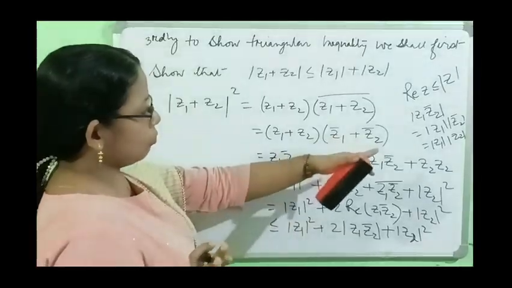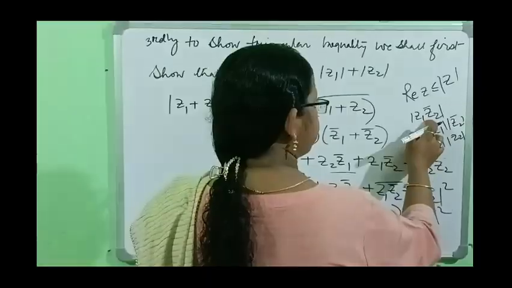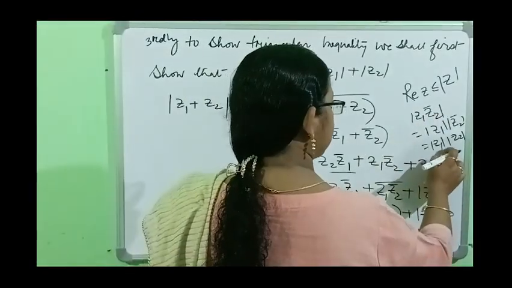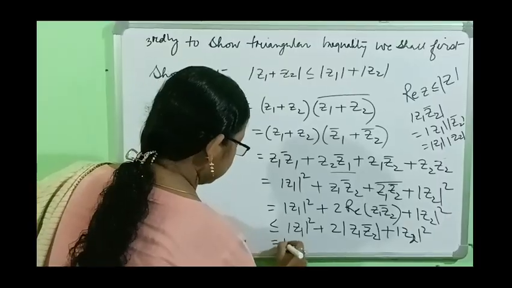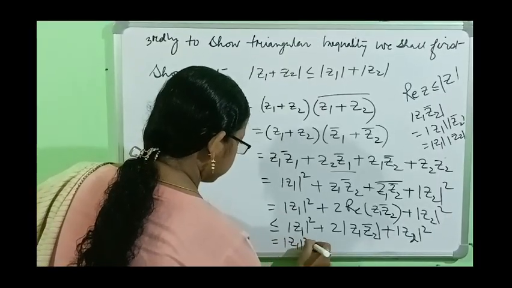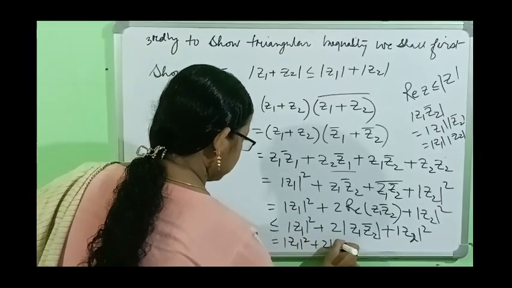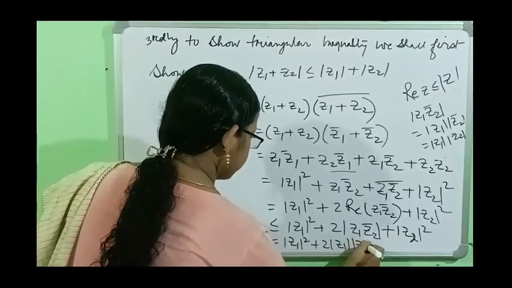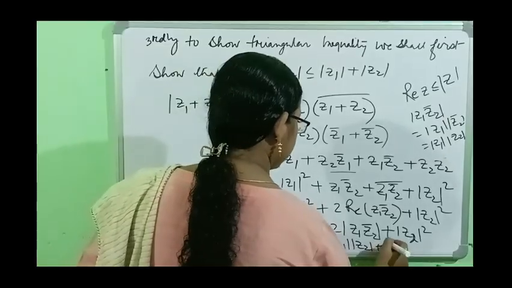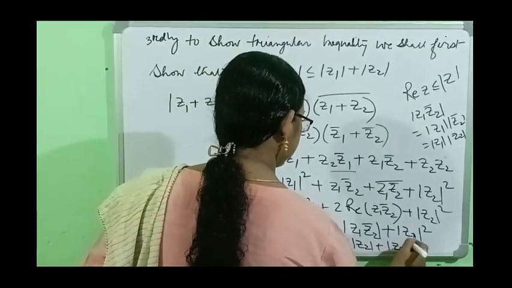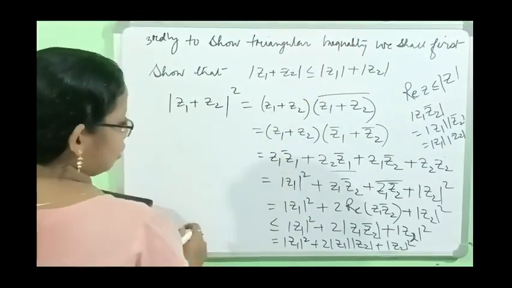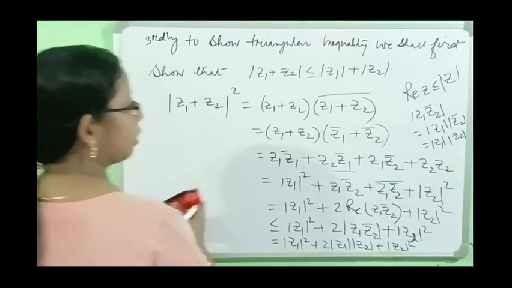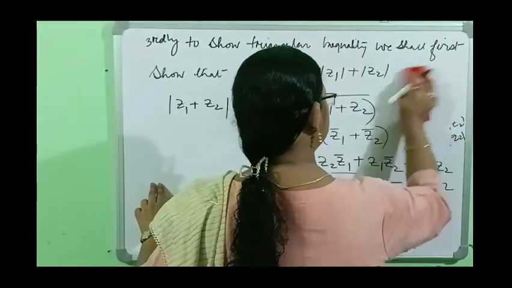So I can write modulus of z1 modulus of z2 here. So this is modulus z1 square plus 2 modulus of z1 modulus of z2 plus modulus z2 square. Here I will get my required result, using the a plus b whole square formula.